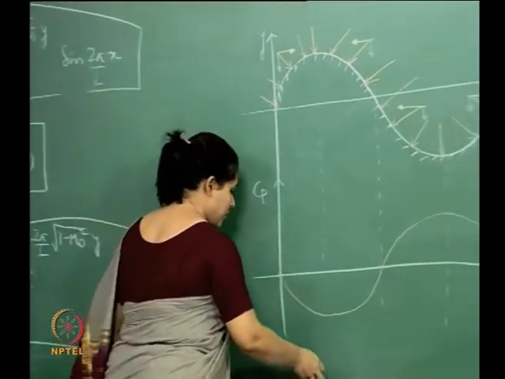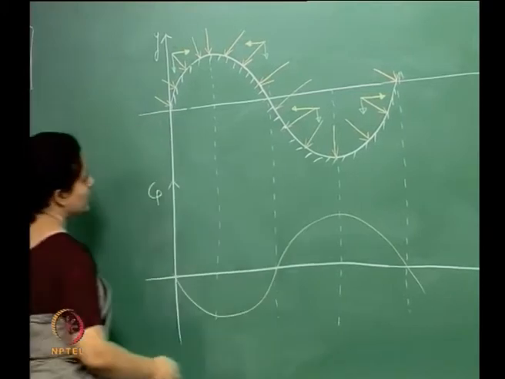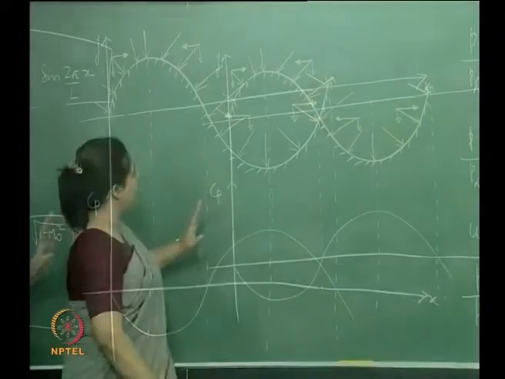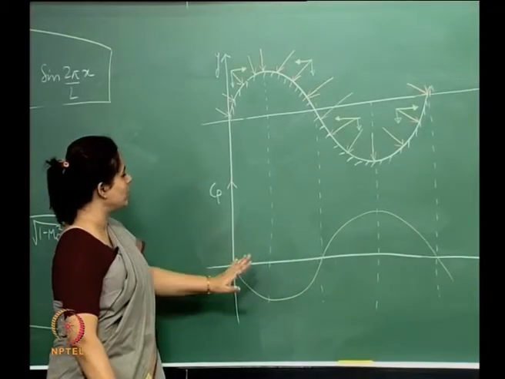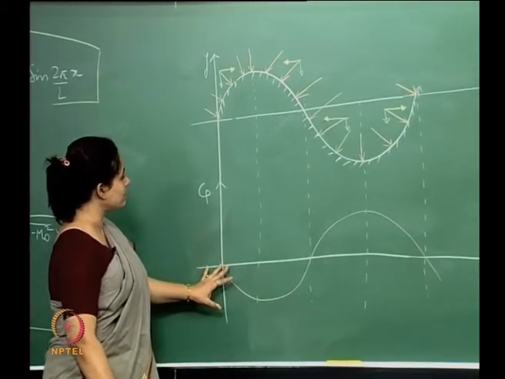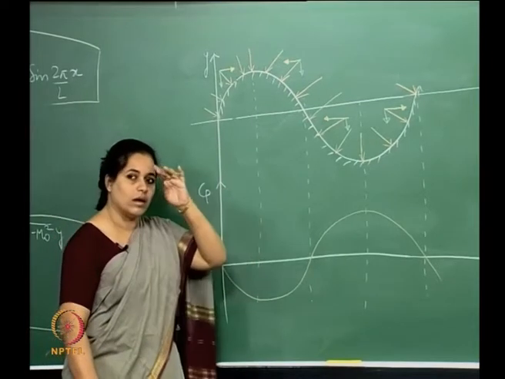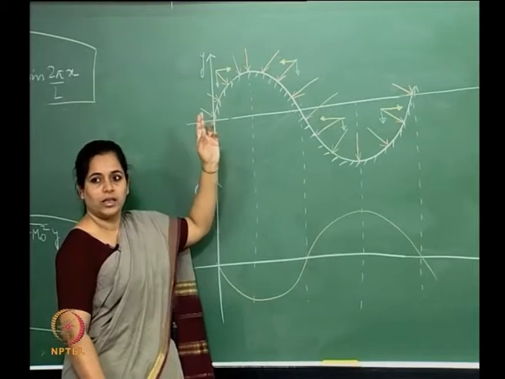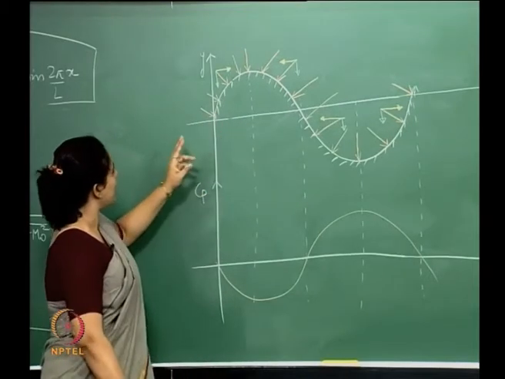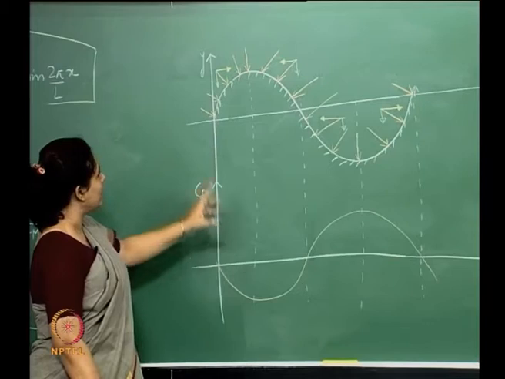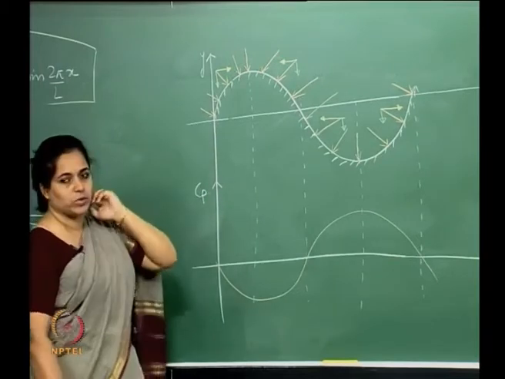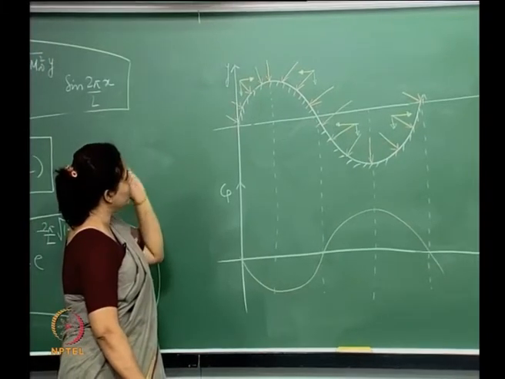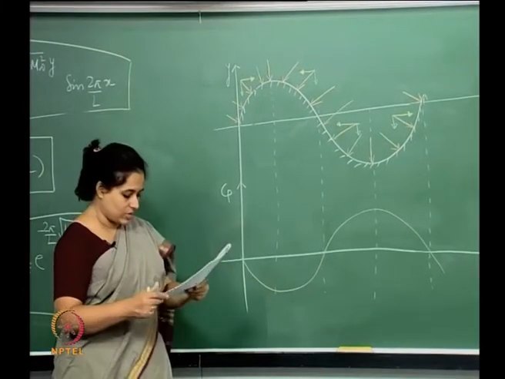We have this kind of pressure distribution, which is a 180 degree phase lag with respect to the given wall. And so what we see is that it is a symmetric distribution, as a result of which the horizontal components cancel out, right.